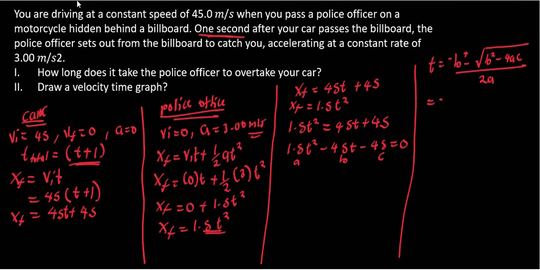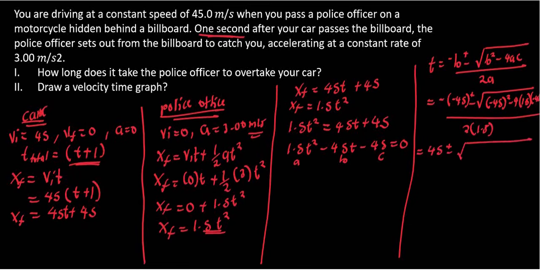What is b? b is negative 45. So negative b gives negative times negative, it would be 45, plus or minus the square root of negative 45 squared minus 4 times a, which is 1.5, times negative 45, over 2 times 1.5, that is 3. What is 45 squared? It is 2025.